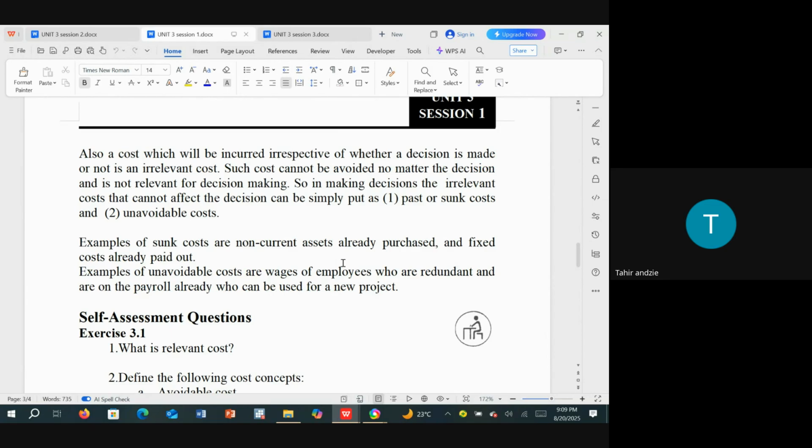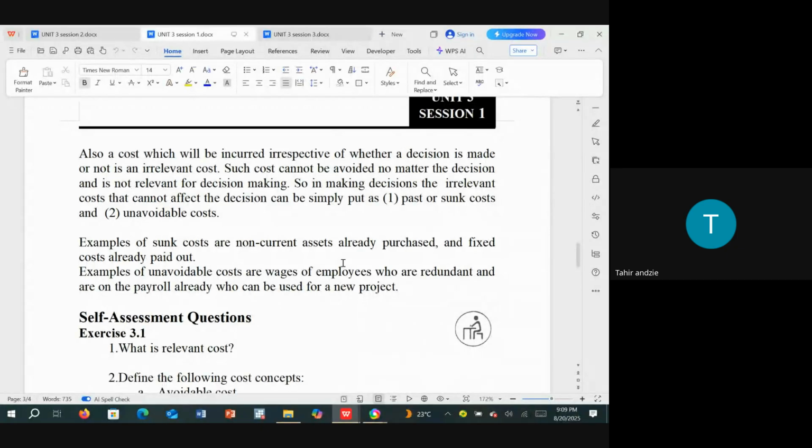So in making decisions, irrelevant costs that cannot affect the decision can be simply put as past costs and unavoidable costs. We call some of them committed costs and sunk costs. Examples of sunk costs are non-current assets already purchased and fixed costs already paid out. An example of unavoidable costs is wages of employees who are redundant.